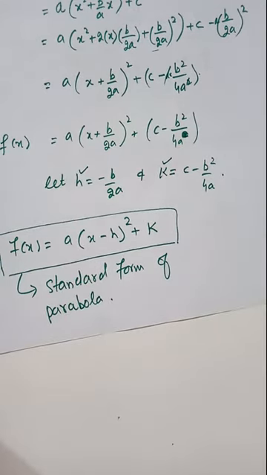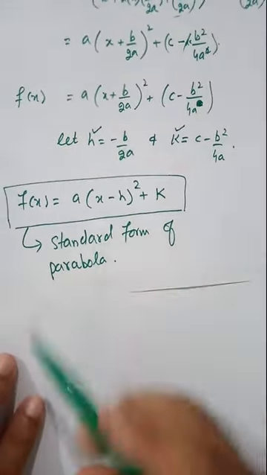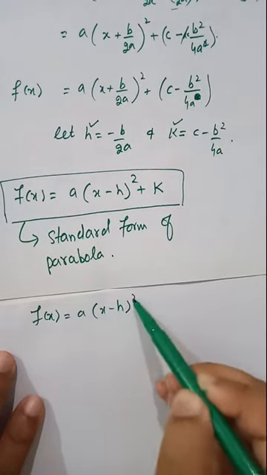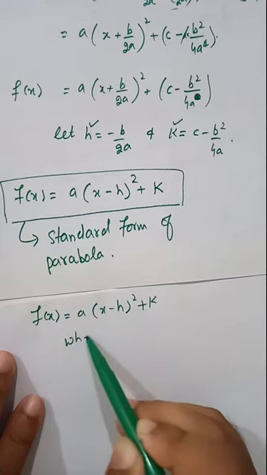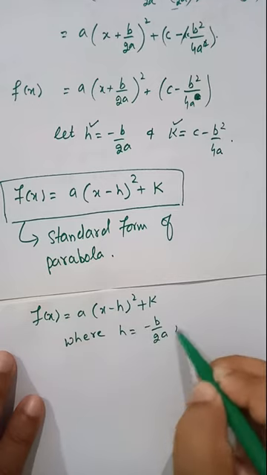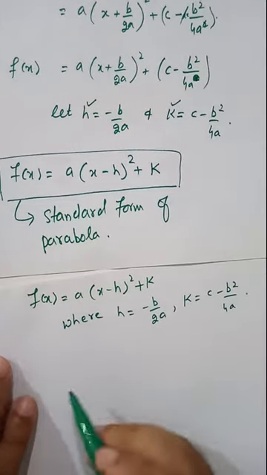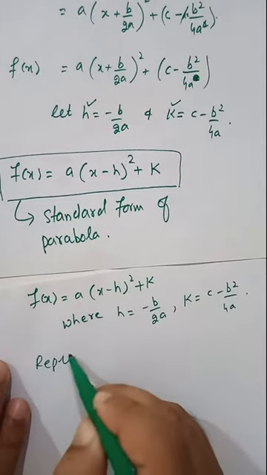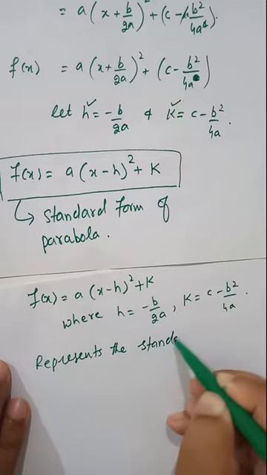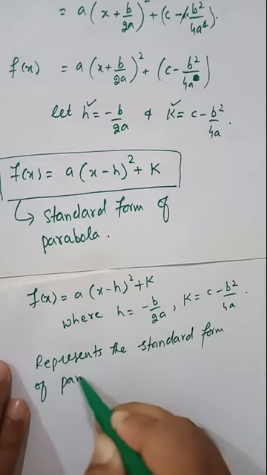Now this parabola, f of x is equal to a times (x minus h) whole square plus k, where h is equal to minus b divided by 2a, k is equal to c minus b square divided by 4a, represents the standard form of parabola.